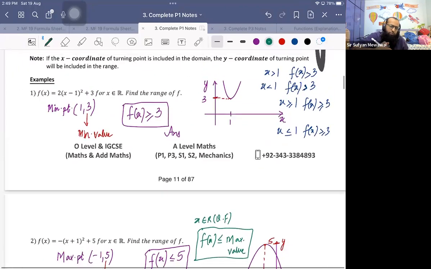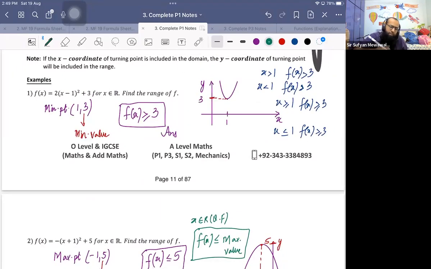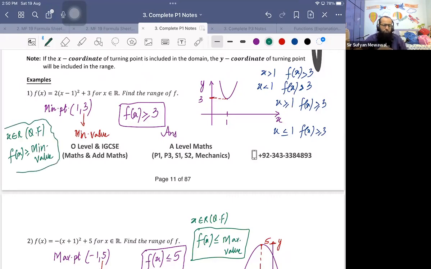And if we talk about example number 1 that we saw in the last class, if it is x belongs to real numbers and the function is a quadratic function, then the range is going to be f(x) is greater than equals to minimum value. If it's a minimum point, the range will be greater than equals to minimum value.